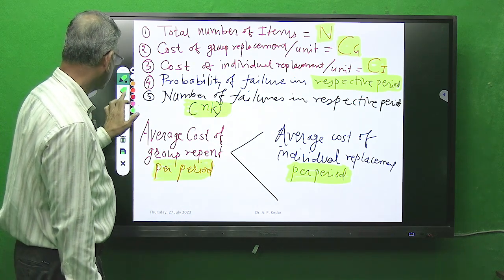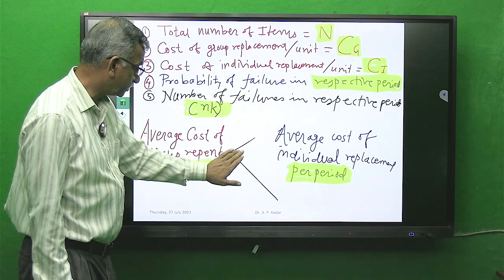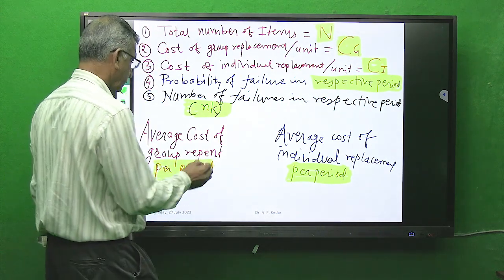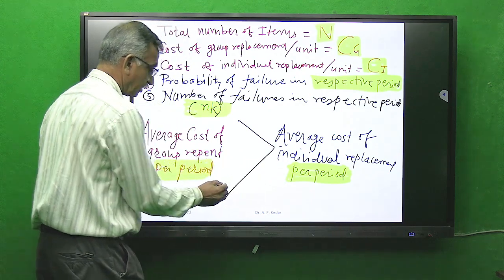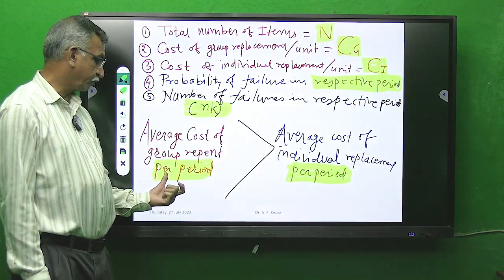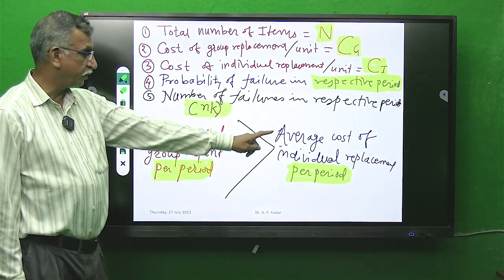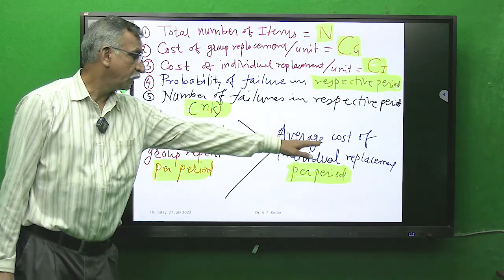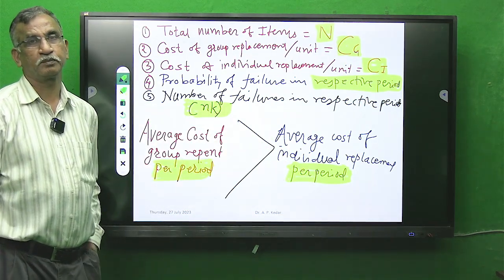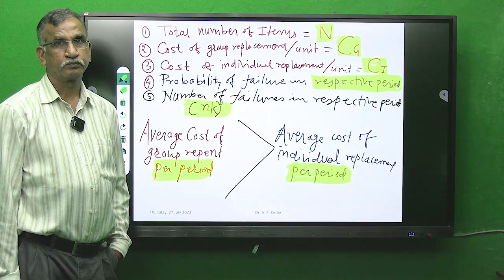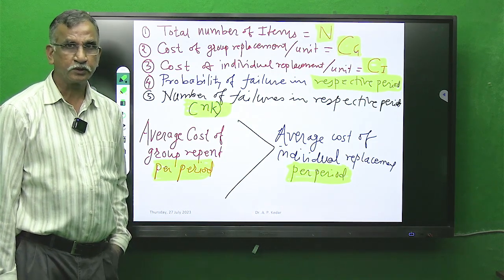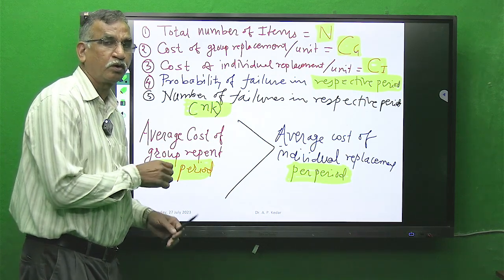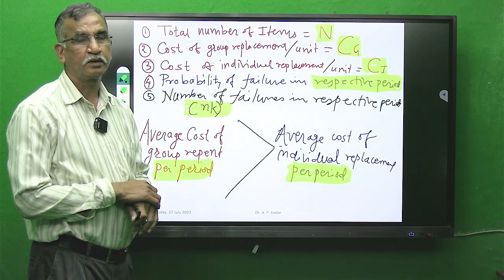Suppose you came across the reverse situation, and that reverse situation is like this. The average cost of group replacement per period turns out to be greater than the average cost of individual replacement per period. What to do? Just think. In that case, you will not think of group replacement.